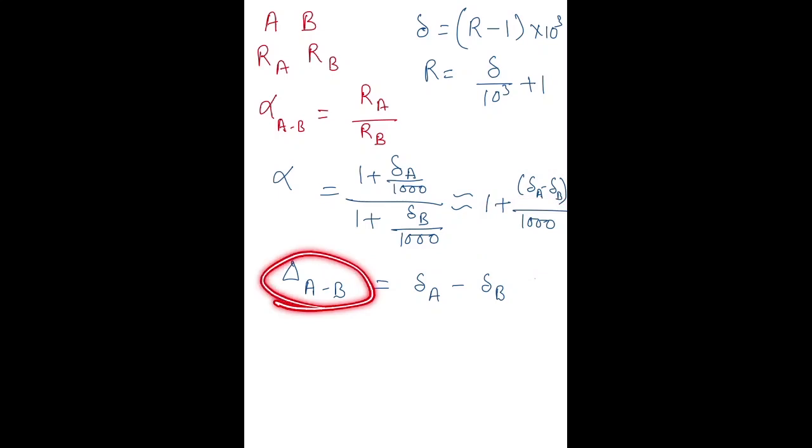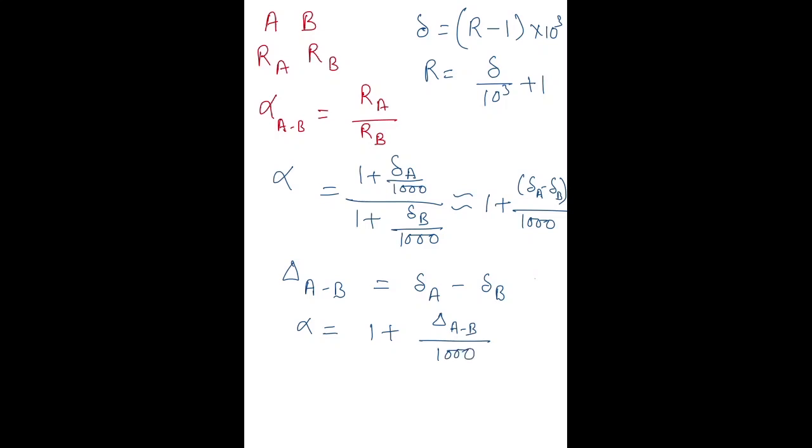So we are using this instead of this to simplify the equation and to reach a very validated equation of stable isotope geology. If we use this one, the equation becomes alpha equals 1 plus capital delta A to B divided by 1000.